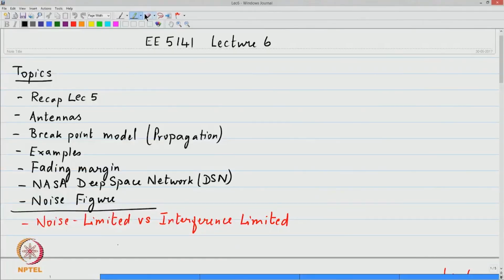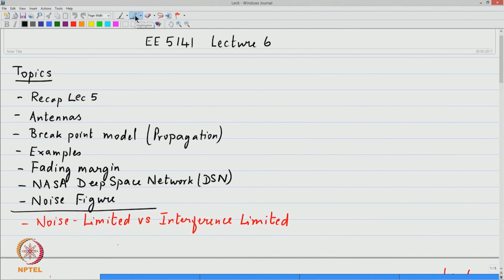In today's lecture, the topics that we will be covering are a quick summary of the topics that we have covered in lecture 5 and a basic introduction to antennas, leading to link to the propagation using the breakpoint model. In the course of today's lecture we will be having several examples which will highlight the concepts that we are discussing.